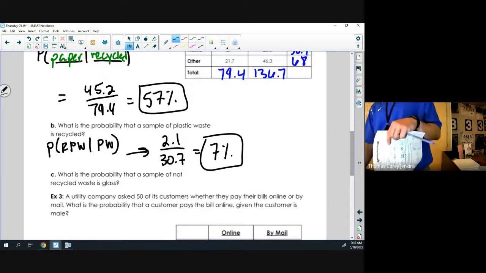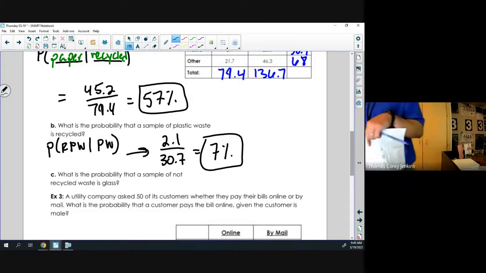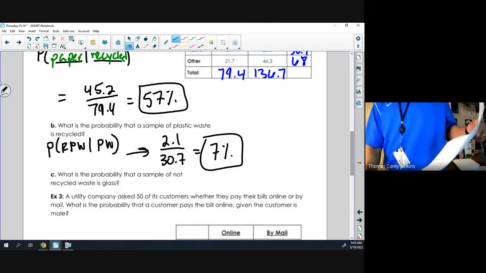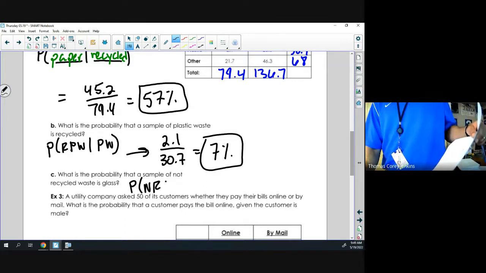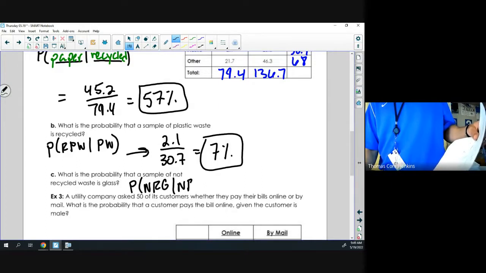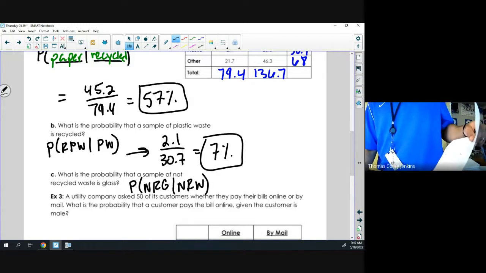And the last one, what's the probability that a sample of not recycled waste, so given not recycled, that's glass? What percentage of the not recycled waste is glass? Or if we want to put it in this notation, probability of not recycled glass out of not recycled total waste is what you would do.